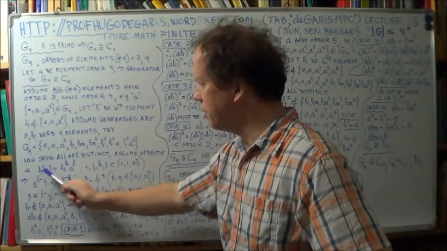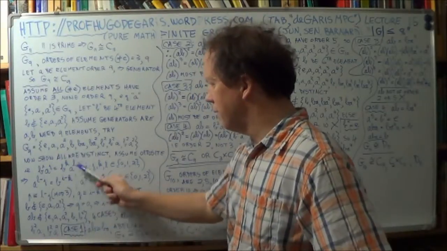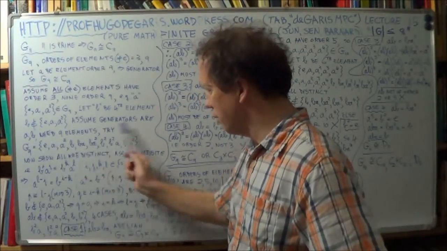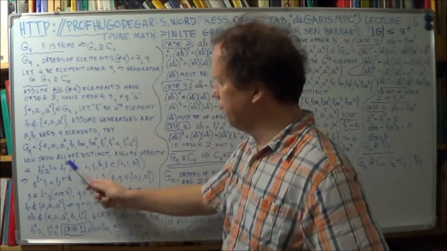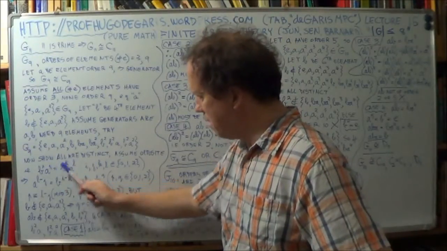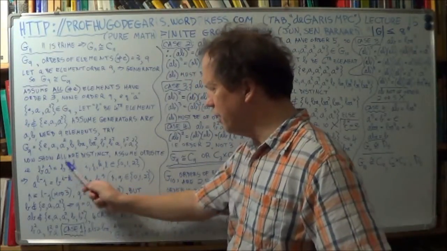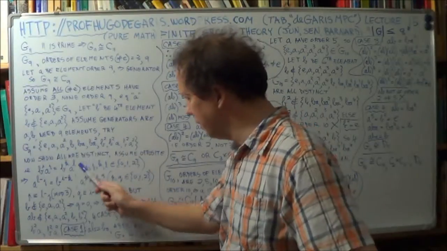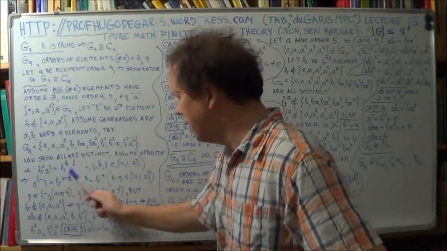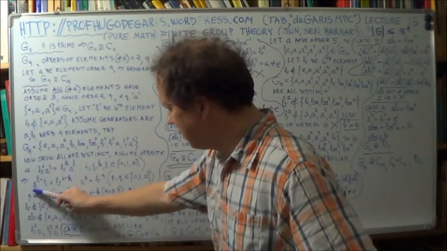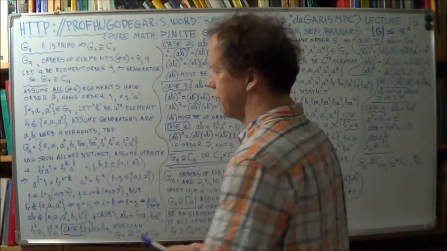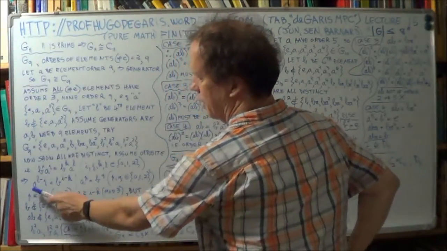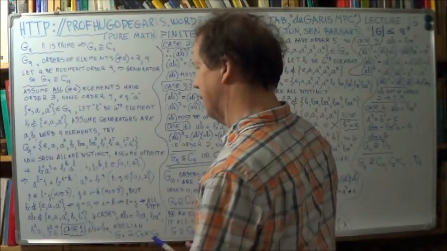And assume this is another one somewhere. So it will have the same form, but these numbers may be different. So K can range over 0, 1, or 2, and L also 0, 1, or 2. So rewrite that in this form, so you get the A's on the left-hand side and the B's on the right-hand side.